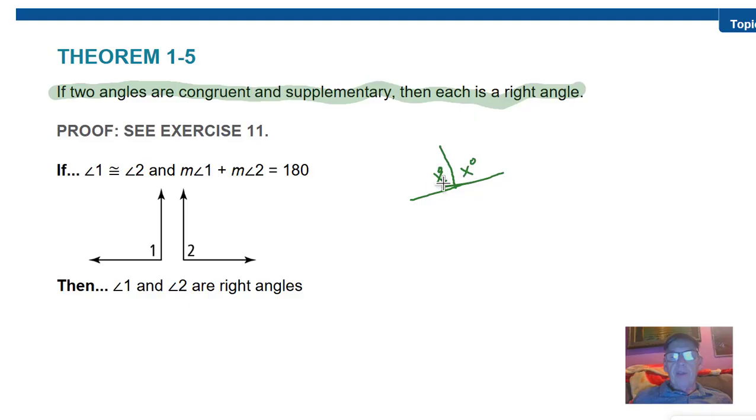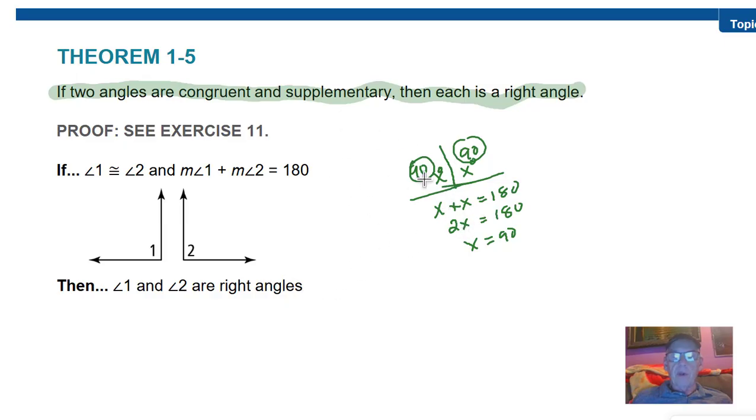So if we add these two together, we have x plus x must equal 180, which gives us, if we simplify, 2x equals 180. If we divide both sides by 2, x must be 90. So each one of these angles must be 90 degrees. So there's a short algebra proof, 3 or 4 steps, that basically proves that these 2 angles must be 90 degrees.